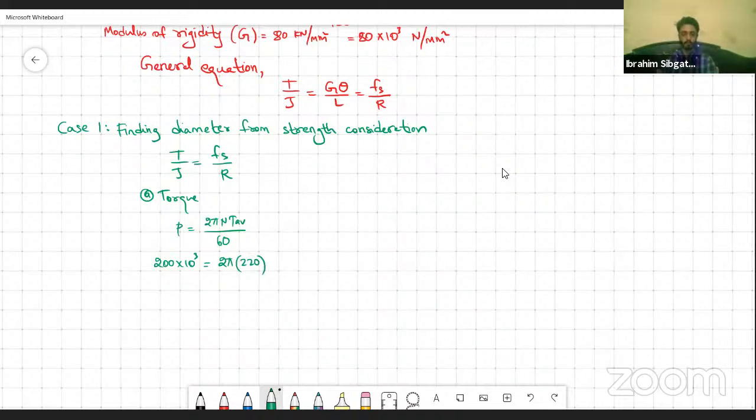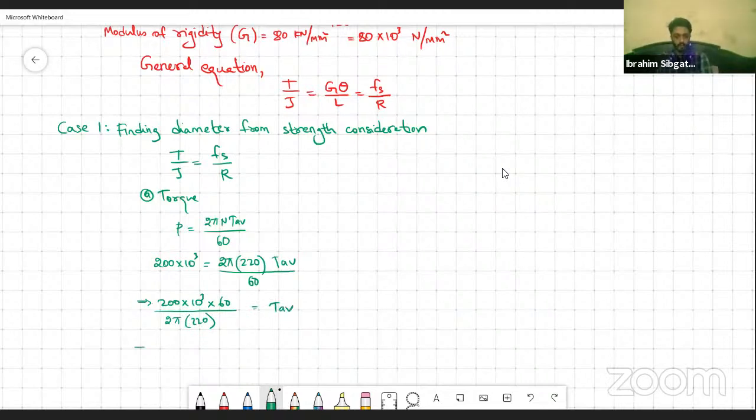Then torque, average torque. Okay, that is what we have to find out over here, because the question says the maximum torque is 40% more than the mean torque. Mean torque or average torque, whatever it is, divided by 60. Now let's cross multiply. So here we will get 200 into 10 power 3 into 60 divided by 2 pi into 220 equals to TAV.